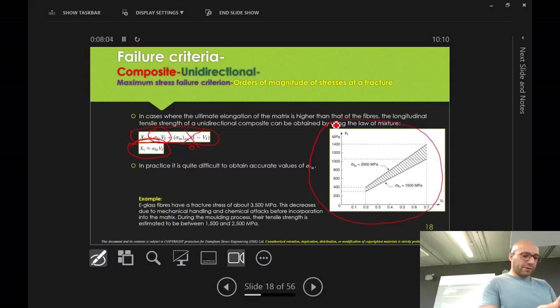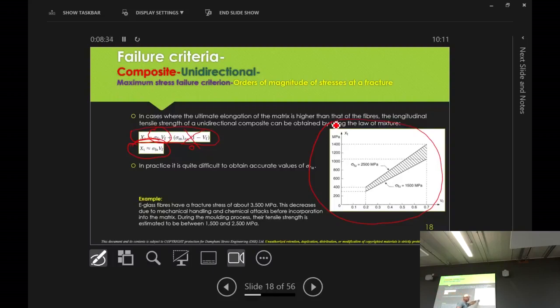We just use a calculator: 3,500, half of that, roughly 1,750. But in practice, it's seen that it oscillates between 1,500 and 2,500 in experimentation. But what you get from that is 1,700 roughly. So you can see it's an approximation.